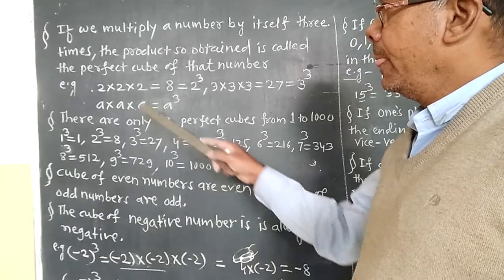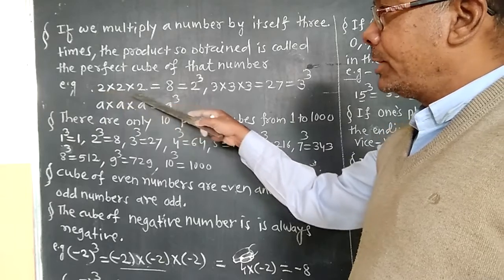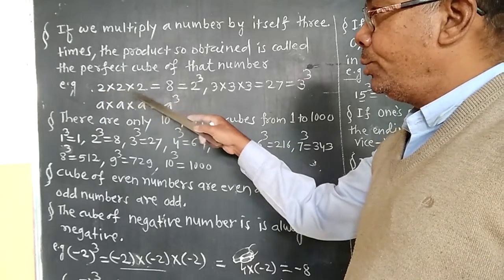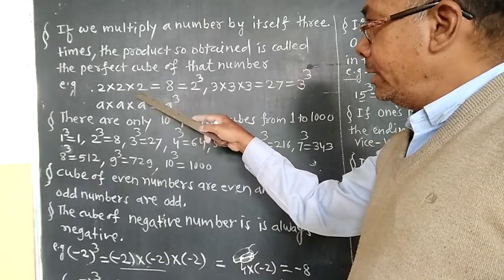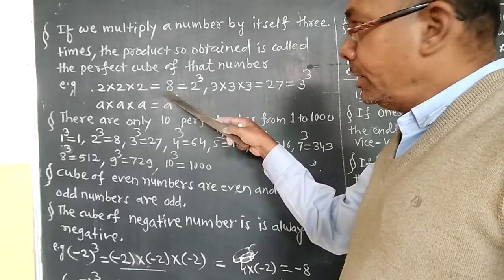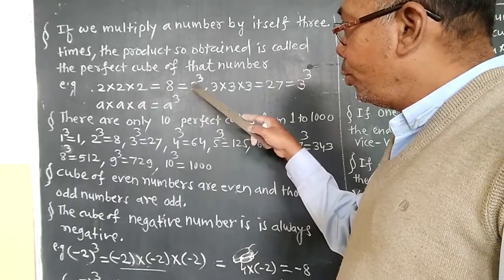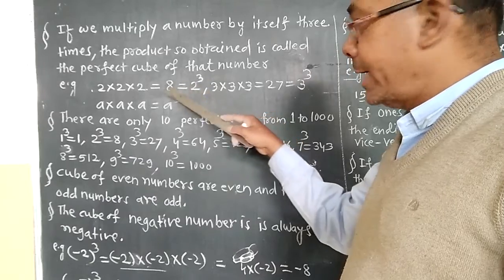For example, if 2 is multiplied 3 times, that is 2 into 2 into 2, then its cube is 8, and therefore 8 is 2 cube, or 2 cube is 8.